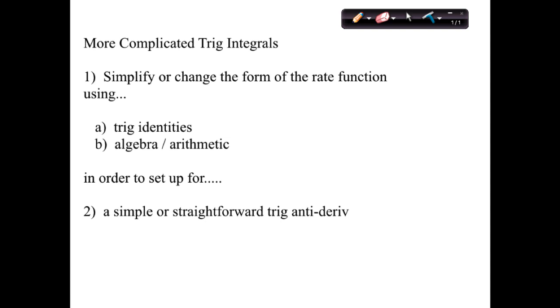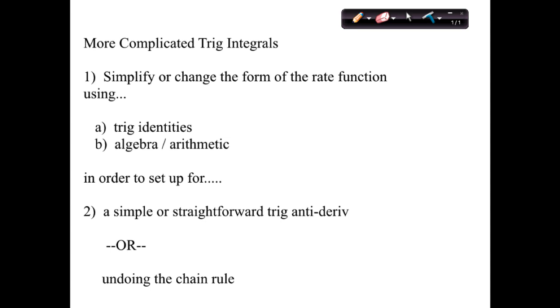Or you're rearranging, simplifying in order to set up for undoing the chain rule. So you're working with this given integrand using identities or algebra and arithmetic to achieve one of two goals.